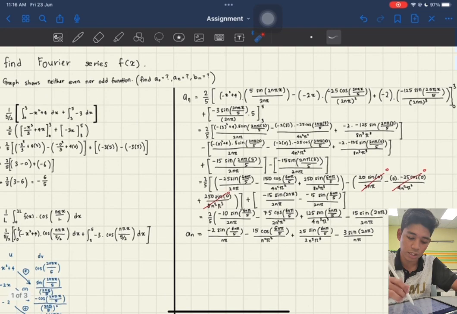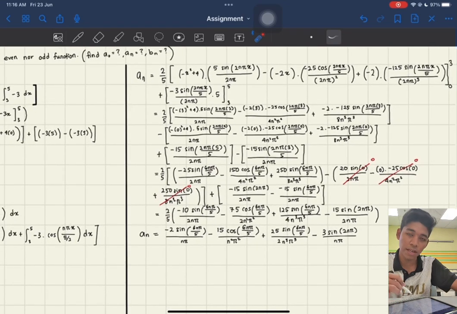So this is the equation after the integral, and we substitute the limits 3, 0, 5 and 3. After that we simplify, and the rest of the function we leave just like that, because each of these functions has its own value. So that's all for a naught and an.